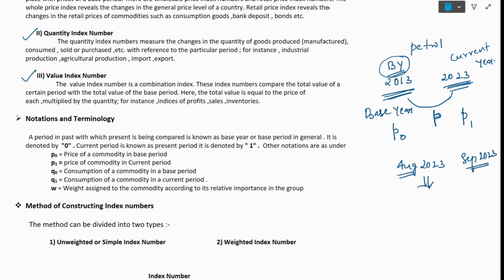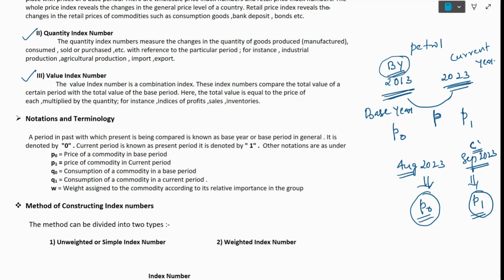Therefore, the price is denoted by P0 and here it is denoted by P1, because this is the current month price of petrol. Okay, therefore P0 and P1 are the two notations. One is the price of the commodity in the base period, that is P0, and P1 means the price of the commodity in the current period. Therefore, we learned two notations which we are going to use throughout this topic, P0 and P1.